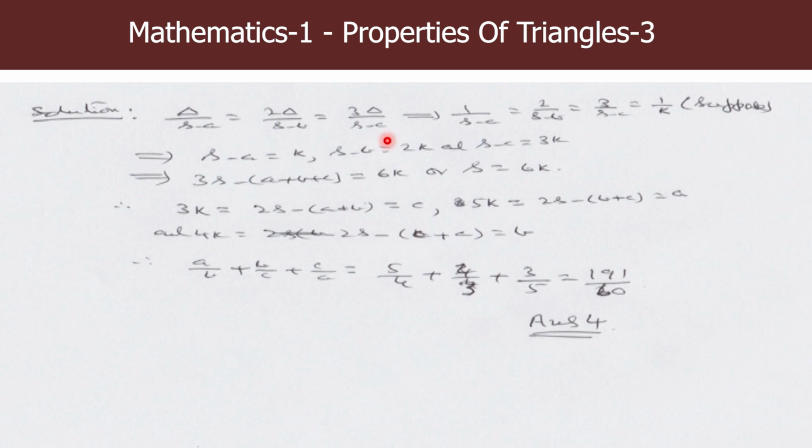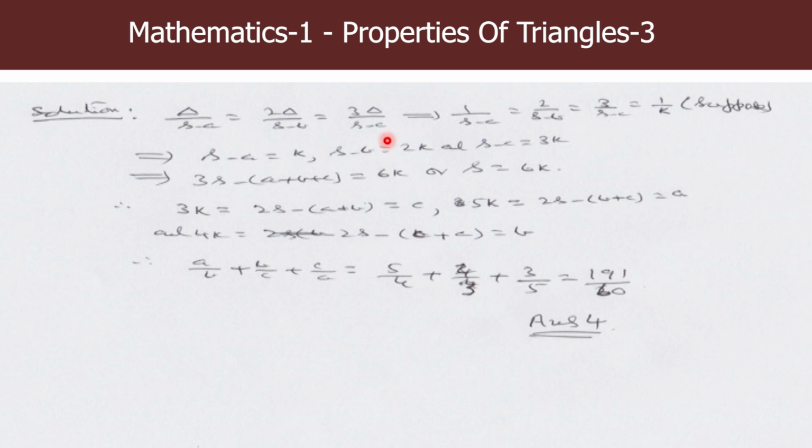Now using those formulas, we get that s − a is equal to some k, then s − b is equal to 2k, and s − c is equal to 3k, because r1 is equal to 2r2 is equal to 3r3.